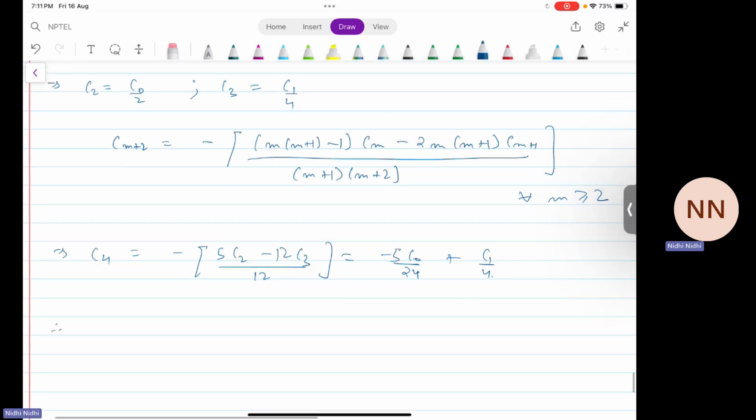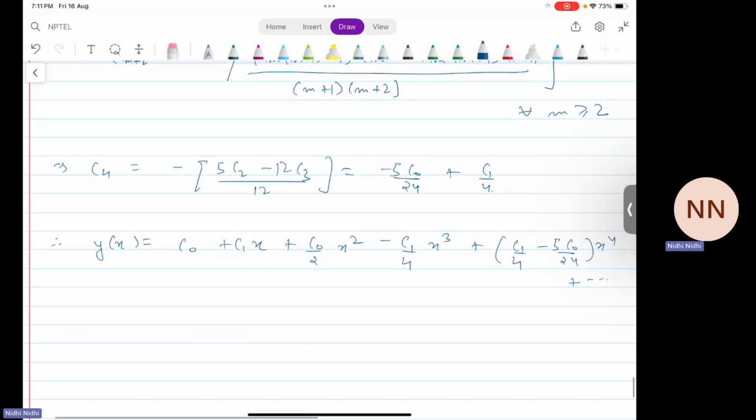So therefore, our solution y(x) is equal to C0 plus C1x plus C0 by 2 x square minus C1 by 4 x cube plus C1 by 4 minus 5 C0 by 24 x power 4 and so on. So we'll just take the terms involving C0 and C1 separately.